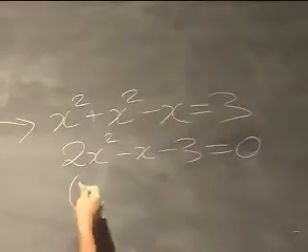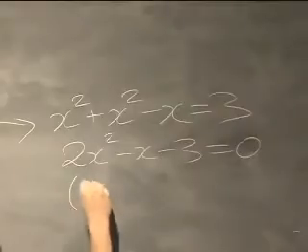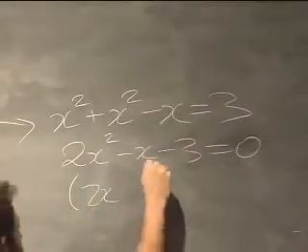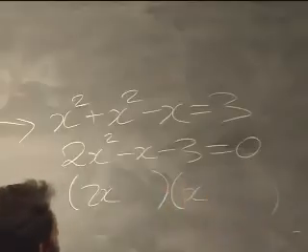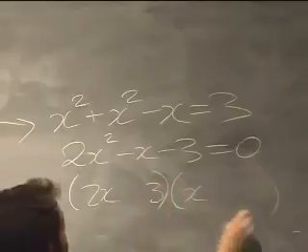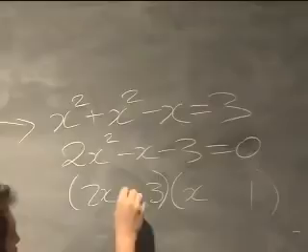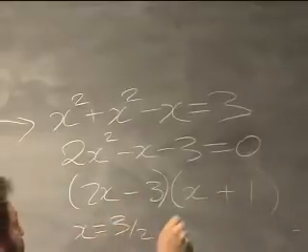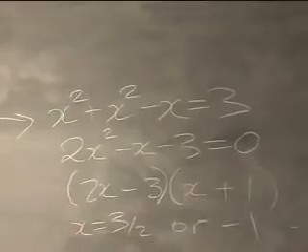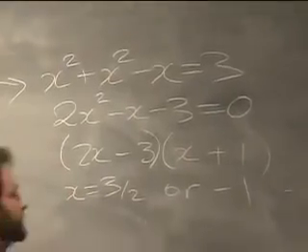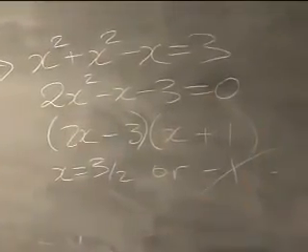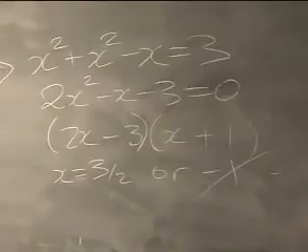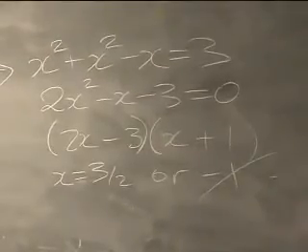I believe this can be factored into 2x minus 3 times x plus 1. So x is equal to 3 halves or minus 1. We reject the minus 1 solution because x has to be greater than or equal to 1.